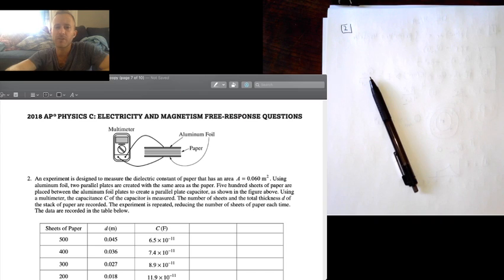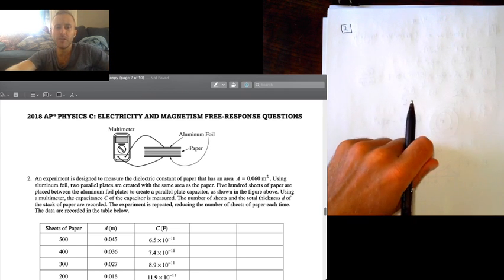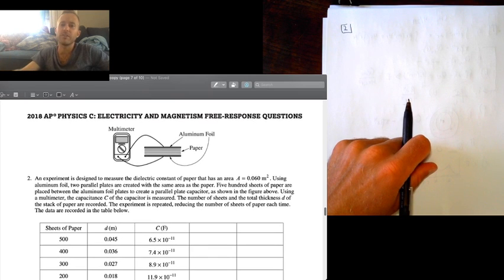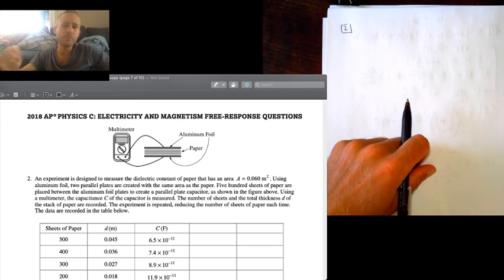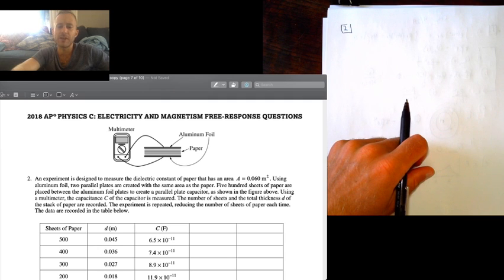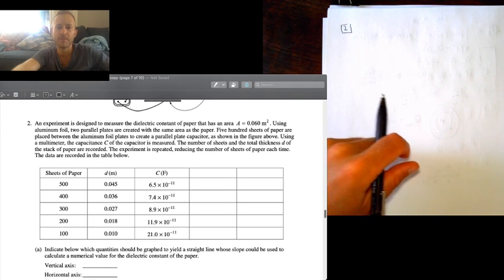We should make a capacitor at home. 500 sheets, whoa, that's a lot of paper. A ream of paper is placed between the aluminum foil plates to create a capacitor as shown. Using a multimeter, the capacitance of the capacitor is measured. The number of sheets and the total thickness d of the stack of paper are recorded. The experiment is repeated, reducing the number of sheets of paper each time.